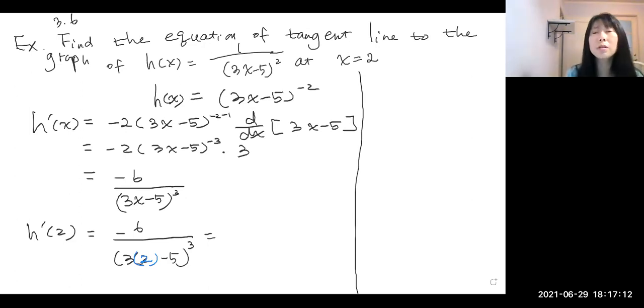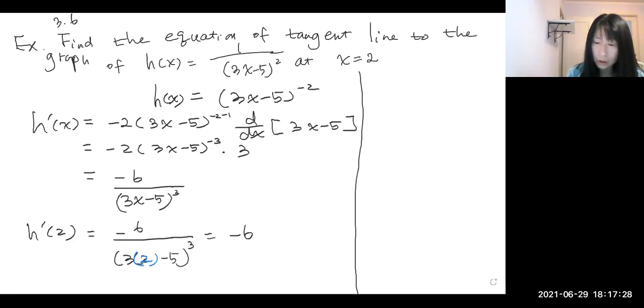Can you please give me the answer? I think it's -6. Negative 6. Thank you. All right, then we have a slope, right?